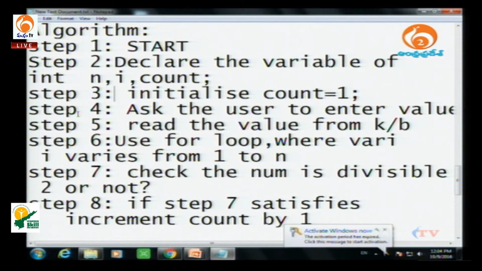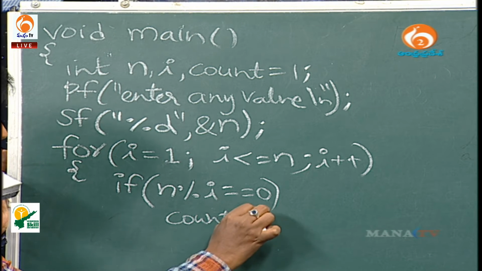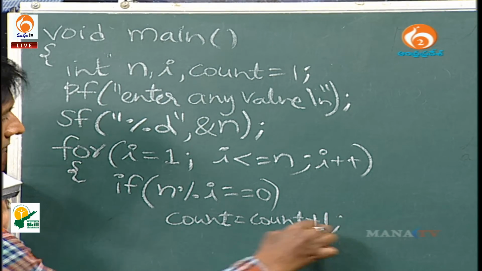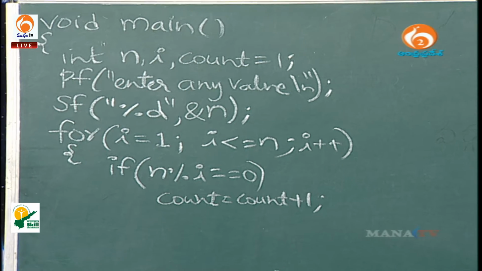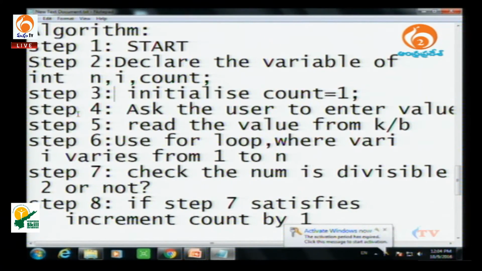If step 7 is satisfied, increment count by 1, count plus 1, or count = count + 1 we can also write. Next, step 8 is when step 7 is satisfied.